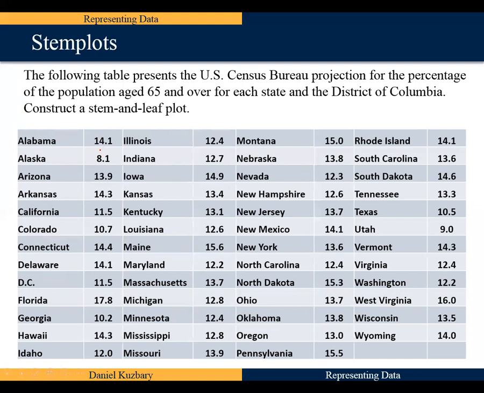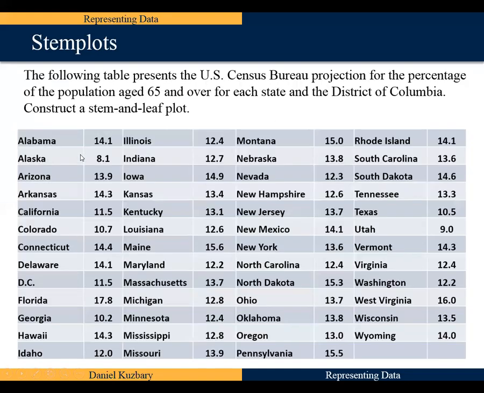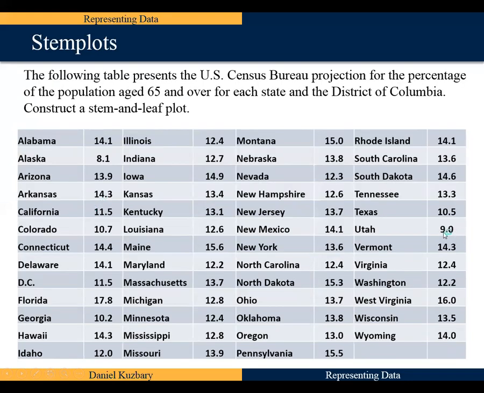We can take this data and make a stem plot using this method. For instance, I would take 8.1, and on my stem plot, the stem part will be the 8. The 0.1 will end up over here. So all the decimal values are ending up over here. Similarly, I have a value of 9.0.